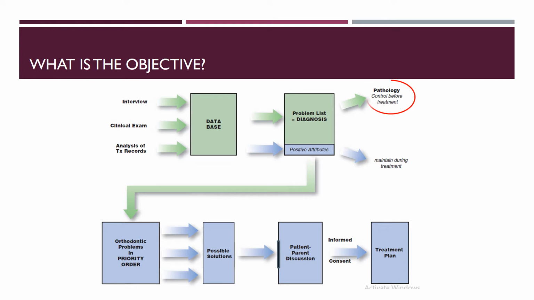As we see here in this diagram, problem list and diagnosis, any pathology or cause for such malocclusion should be well identified either during history taking or by clinical and radiographical examination of the patient.